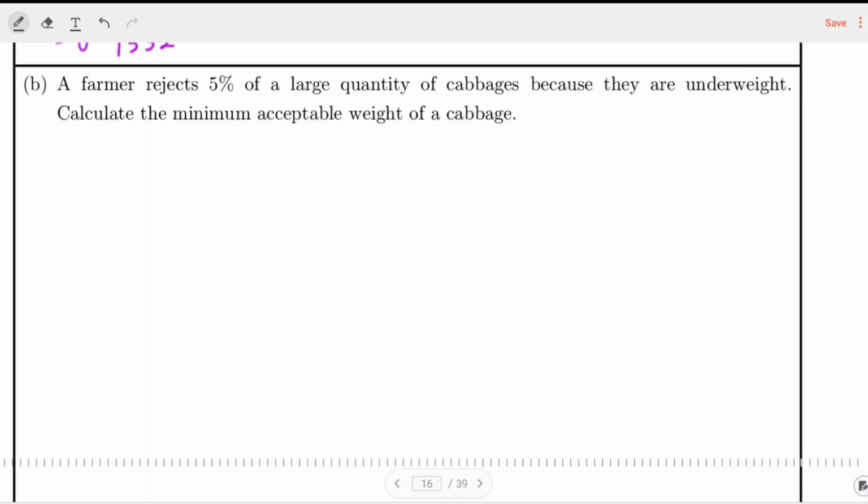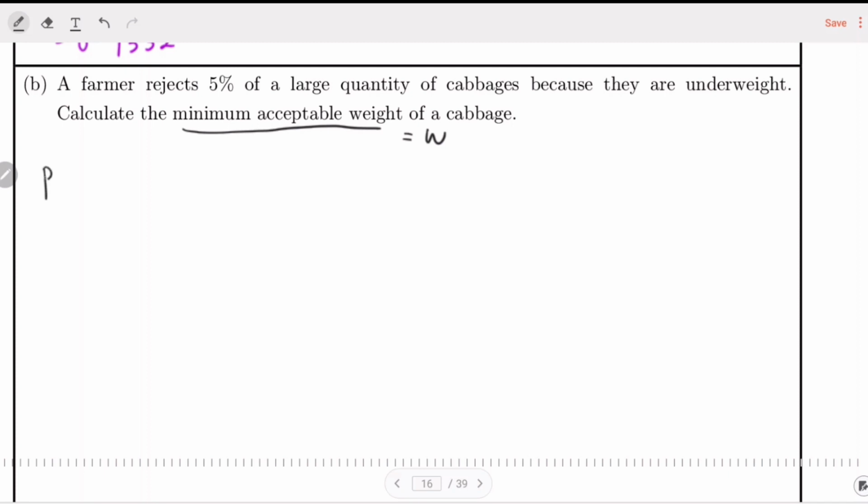A farmer rejects 5% of a large quantity of cabbage because they are underweight. Calculate the minimum acceptable weight of a cabbage. So the farmer will reject 5% if the cabbage are underweight. So let's say the minimum acceptable weight, we write it as W, for example.